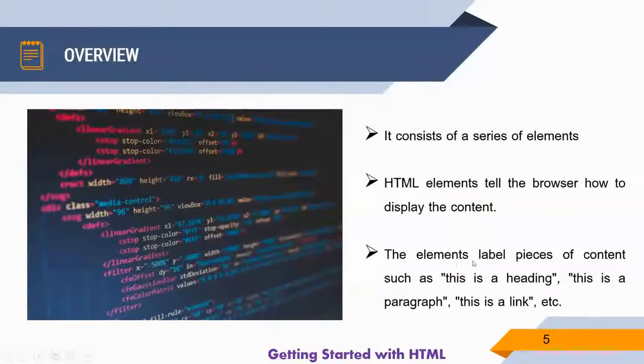We said the elements label pieces of content, such as this is a heading. If you want to have a heading, it's just like a command telling the browser that okay, this is a heading, this is a paragraph, this is a link.